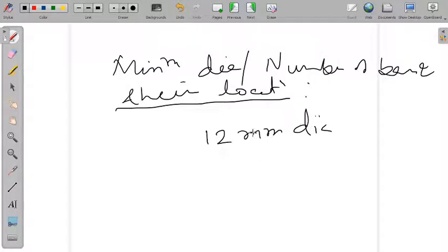The longitudinal bars should not be spaced more than 300 mm apart. That means center to center spacing should not be more than 300 mm along the periphery of the column.